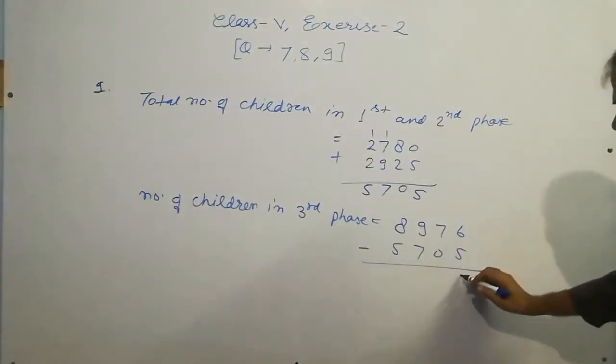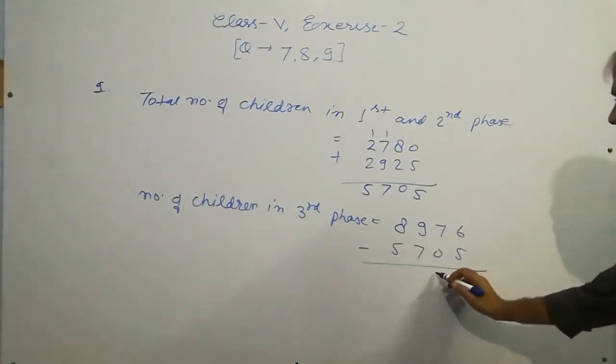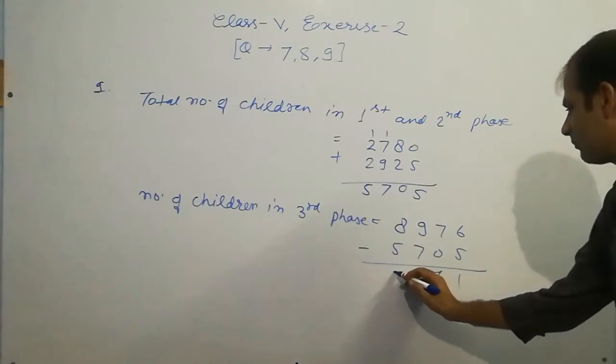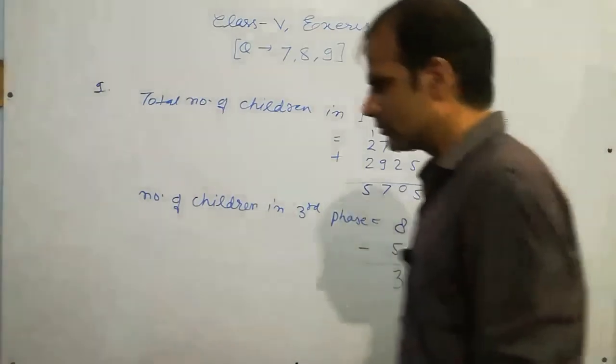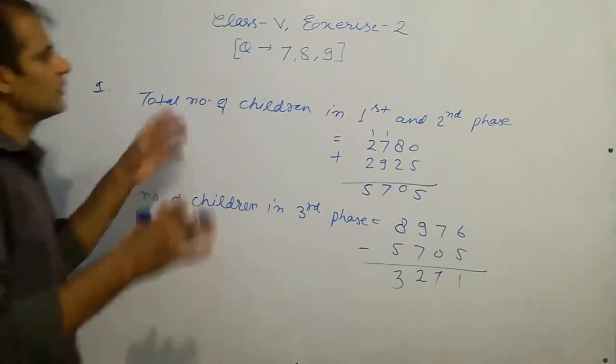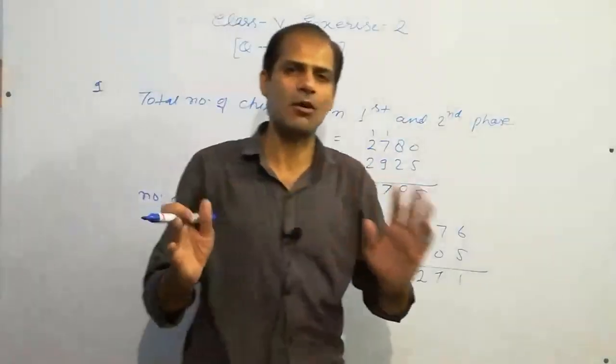See, 6 minus 5, 1; 7 minus 0, 7; 9 minus 7, 2; and 8 minus 5, 3. These are the total number of children who were given drops in the third phase. So let's check the answer. Question number 9. The answer is 3271.